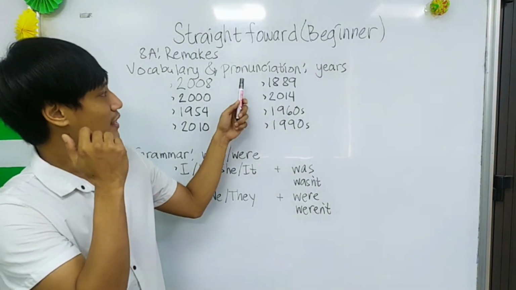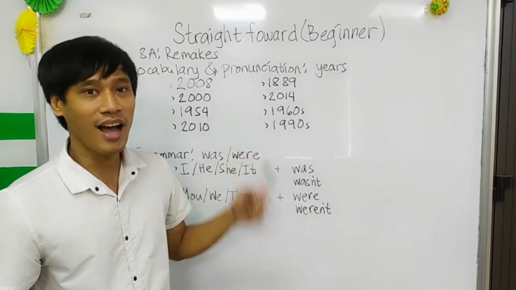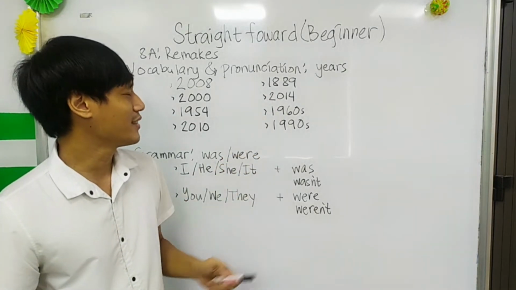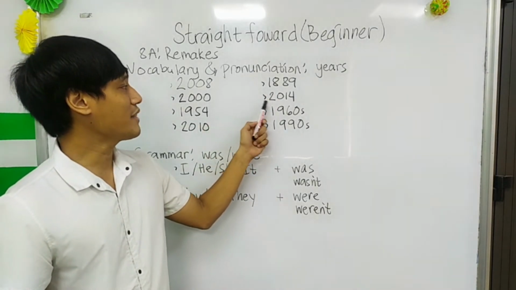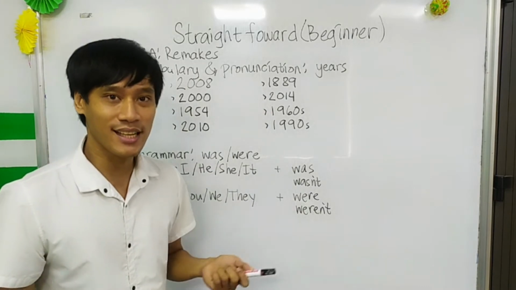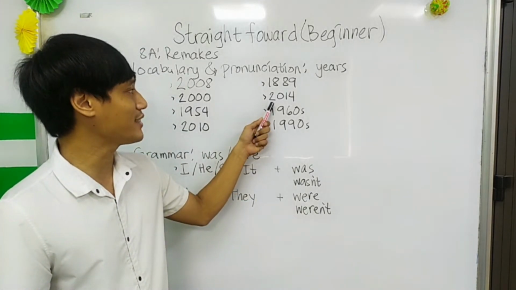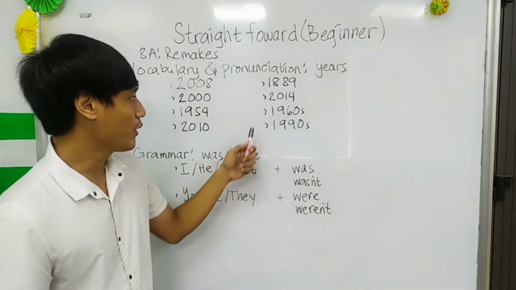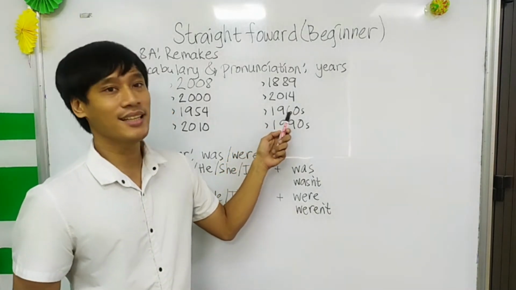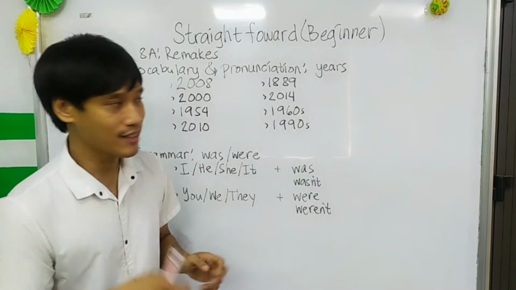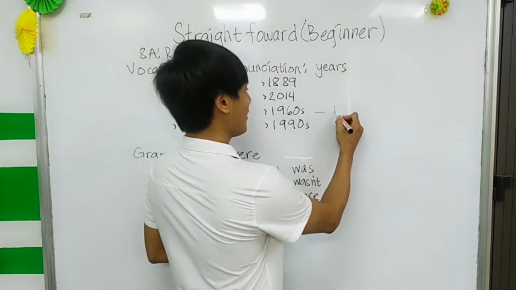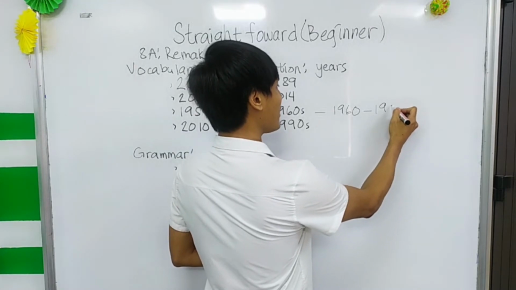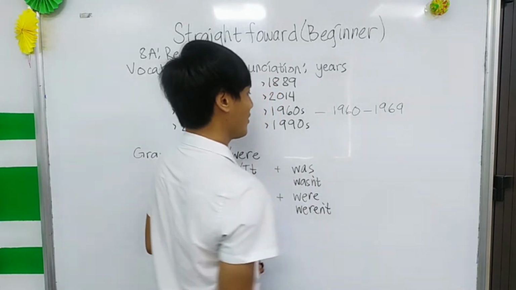Next is 1889. Next is 2014, or you can say 2014. And this one is 1960s. 1960s is 1960 to 1969.